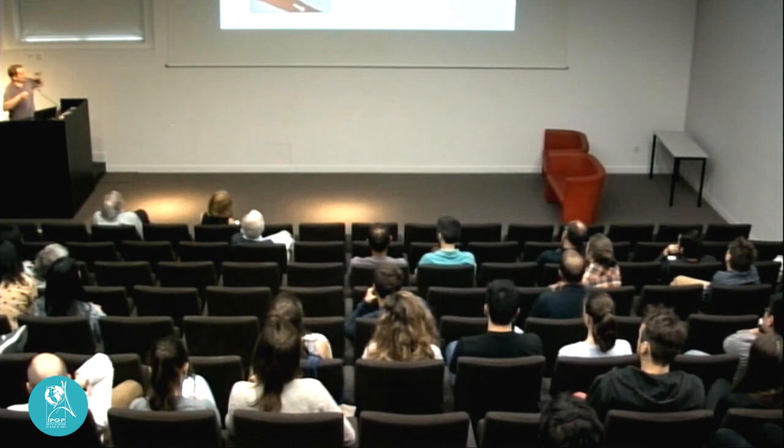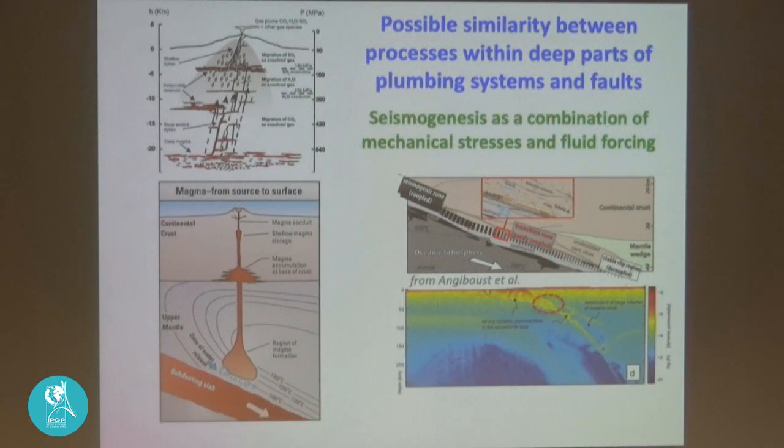Even if the geometry and stress orientation are different, we still have a system with some kind of channel that is forced simultaneously by stresses and fluid pressure. This is why it might be interesting to think about possible analogies about processes and seismic sources in these environments.